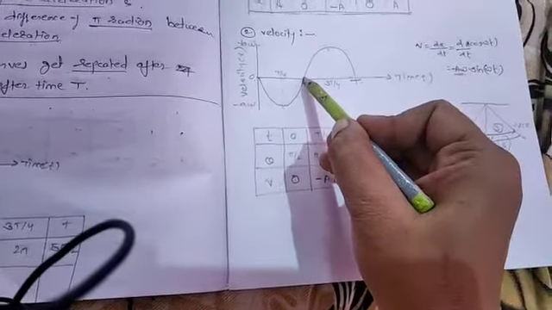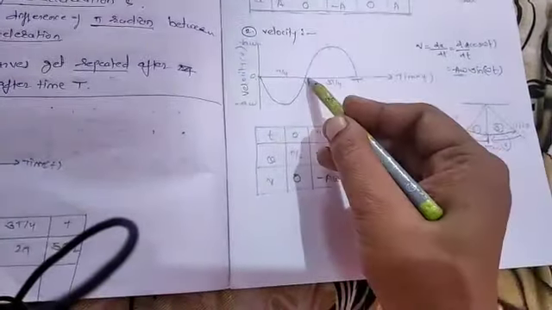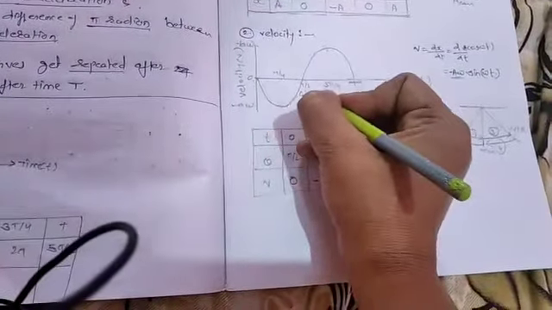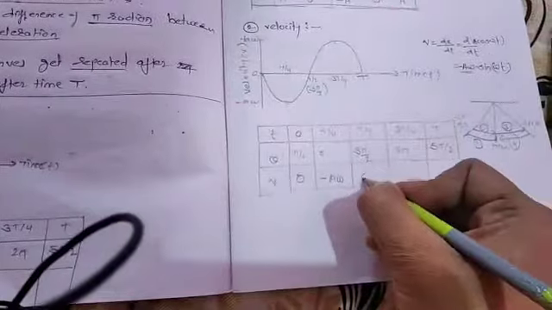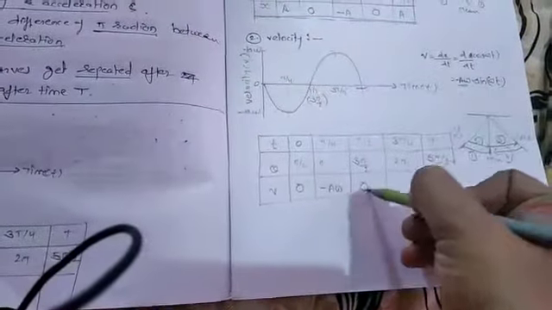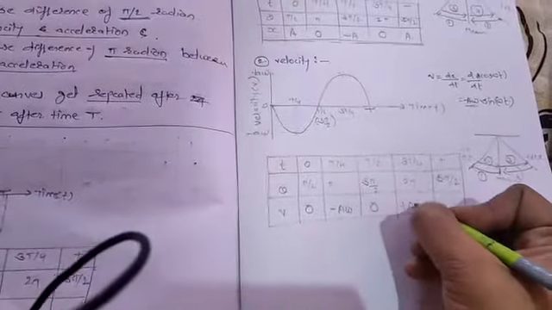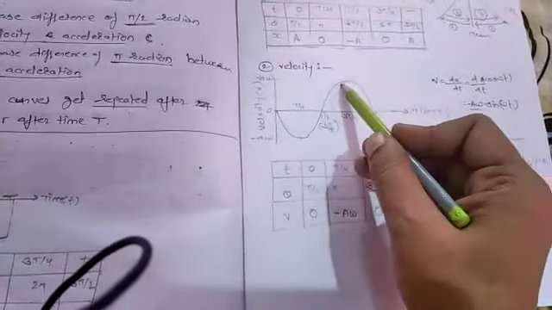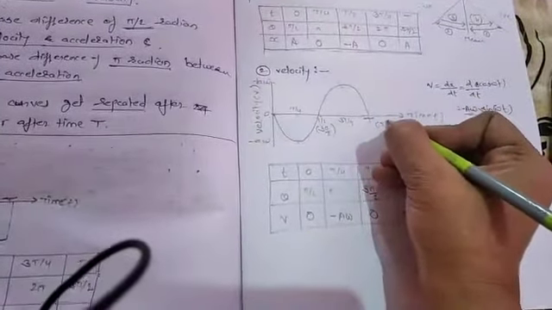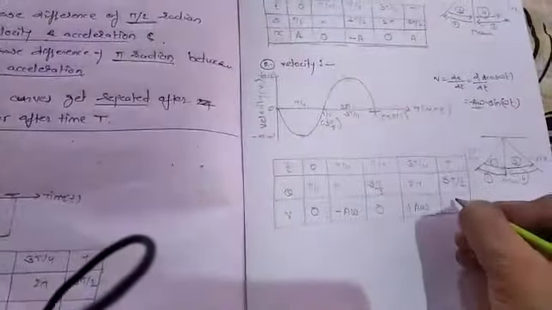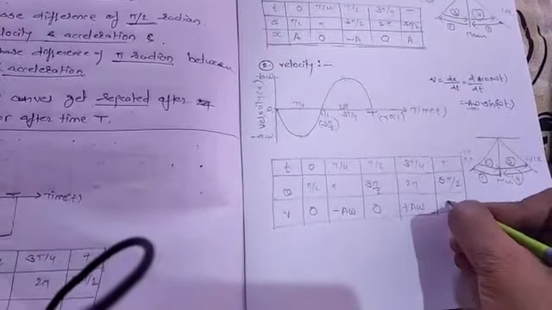Again from the negative extreme it is going to the mean, so this will be 0 again at T by 2, or pi. Then it again goes to the positive extreme, where it is plus a omega, and from here it is again going to the mean position, so we write 0 again.